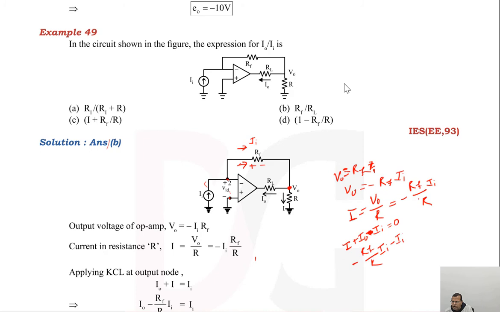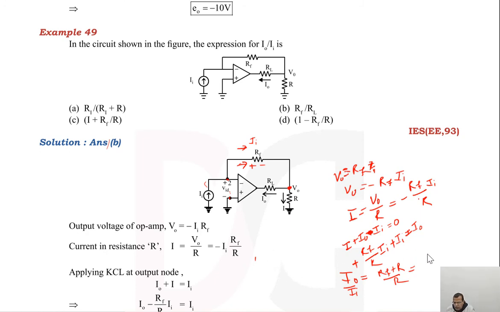So I naught equals I input plus RF divided by R times I input. You have to find the ratio of current I naught to I input, and that will be simply RF plus R divided by R.